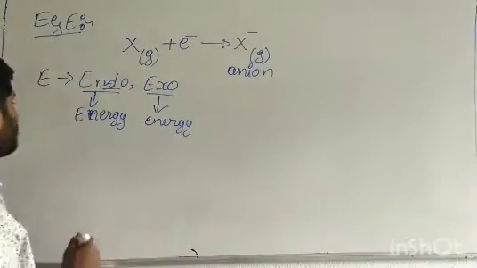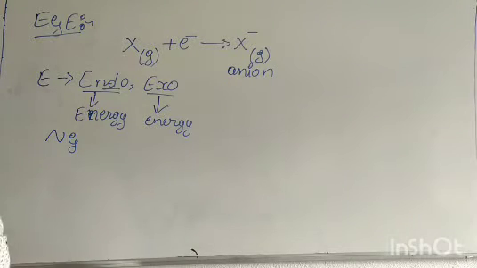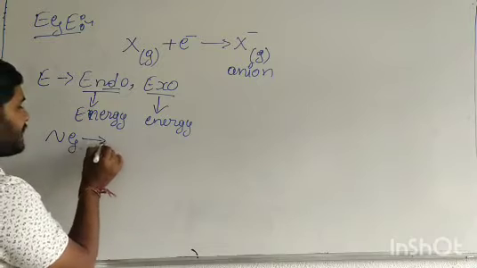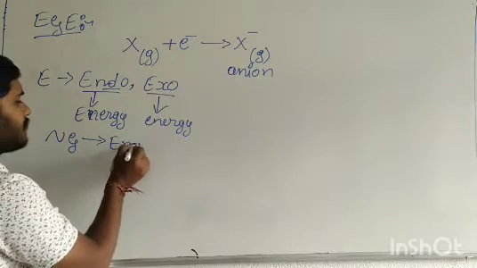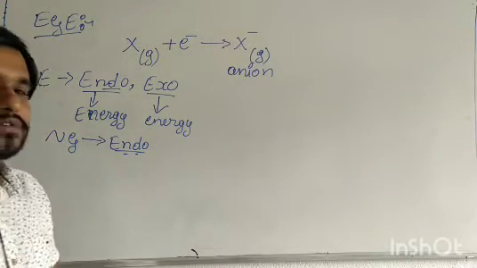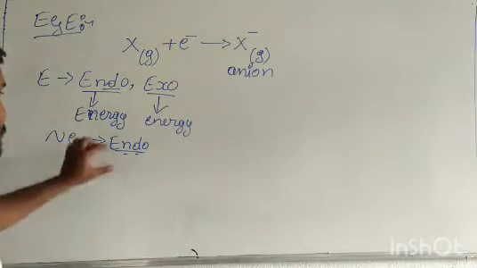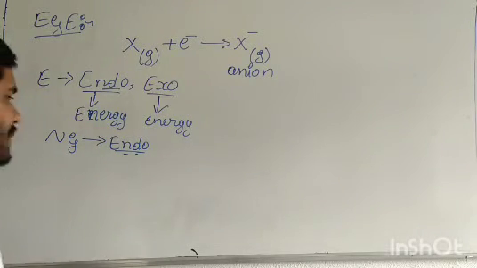Only the noble gases, when we add an electron to them, will undergo endothermic reactions. That means we have to give some amount of energy for the addition of an electron to the noble gases. Be careful here.